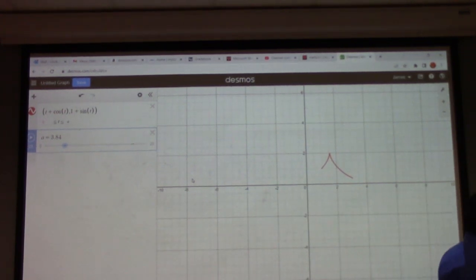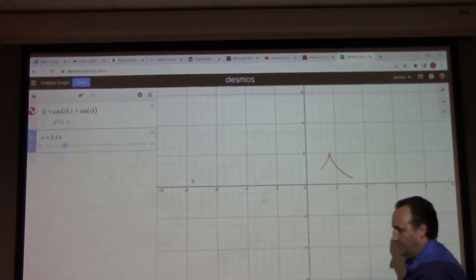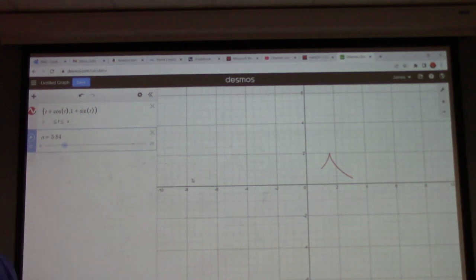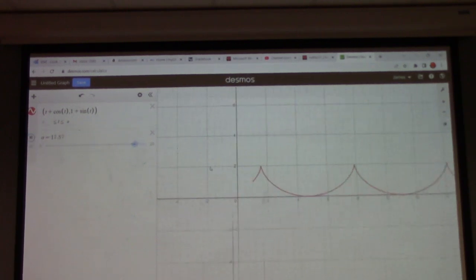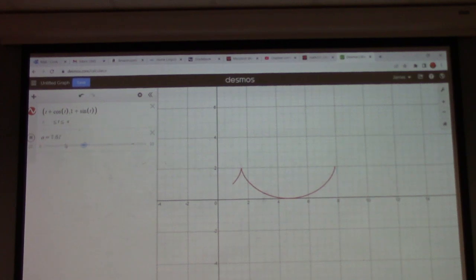If I add this to that, then I have a circle that kind of moves around it as I go. Let me just plot it over here. So here it is. This silly animator, if you don't fix it, goes both ways, which we don't want. So there we go. This is called a cycloid.